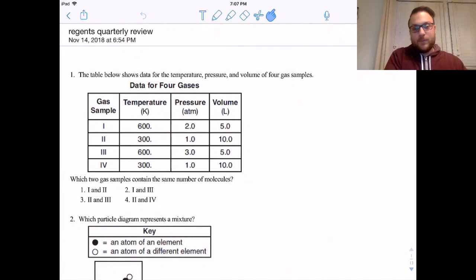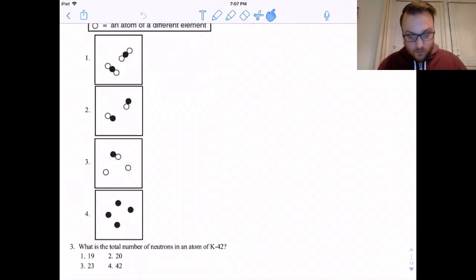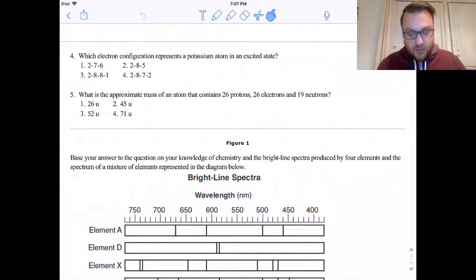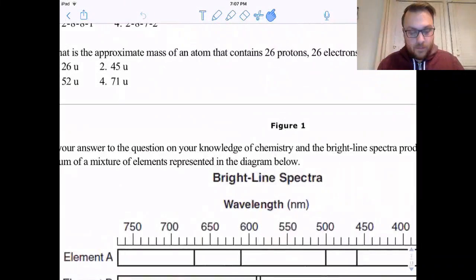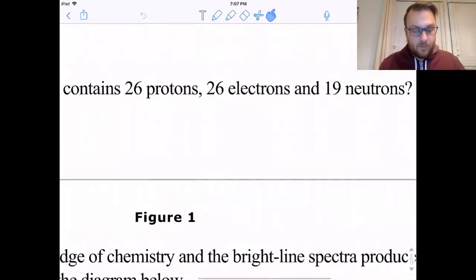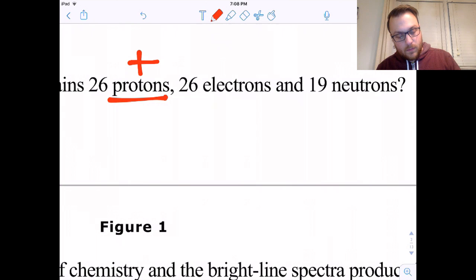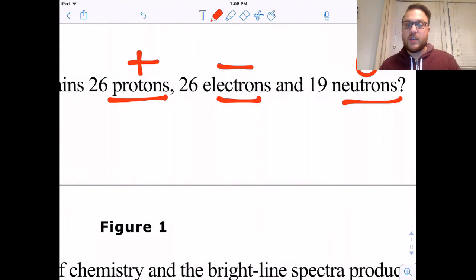All right, so I'm going to start with protons, neutrons, and electrons. Protons are positively charged. Electrons are negatively charged.